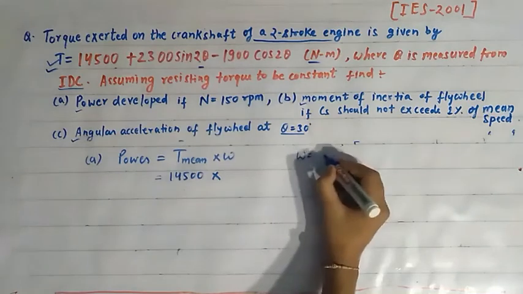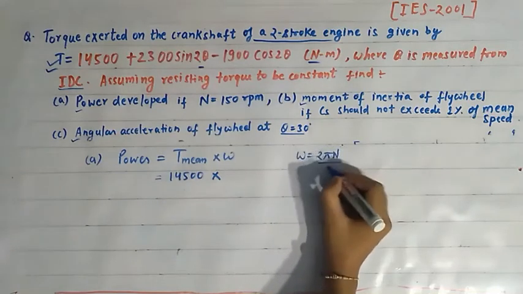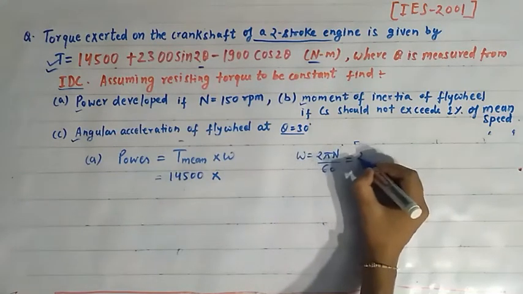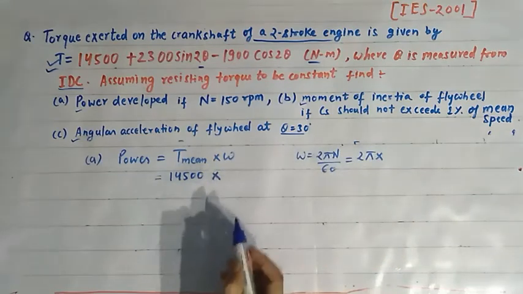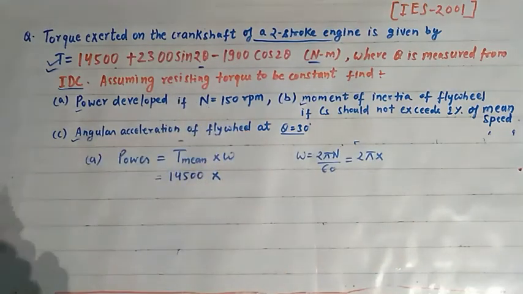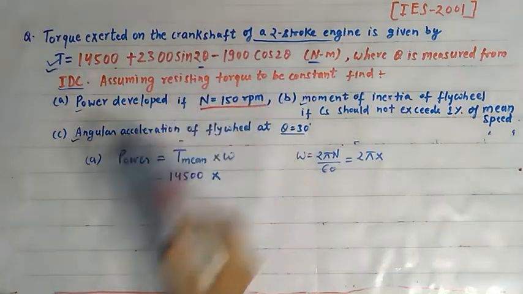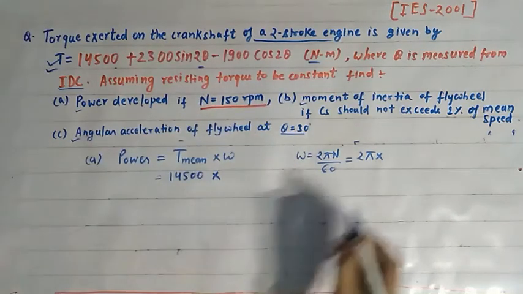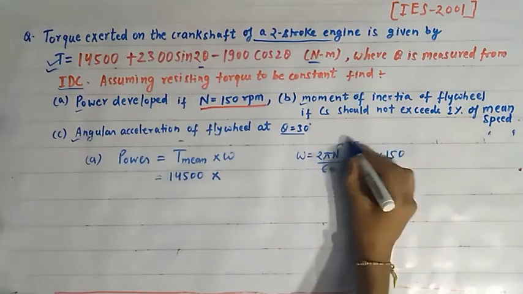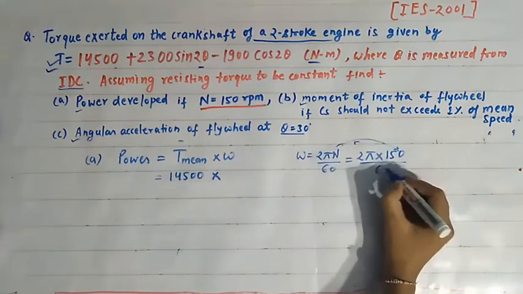Omega is equal to 2 pi N divided by 60, where N is our RPM, and N is given to us as 150 RPM. So we will put N as 150 RPM here and divide by 60.